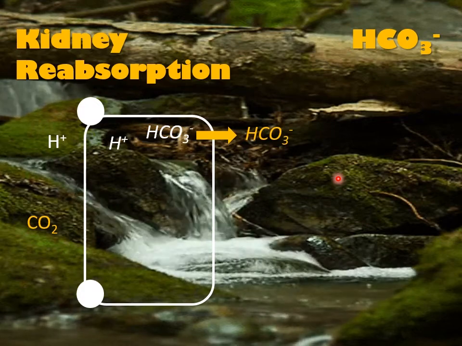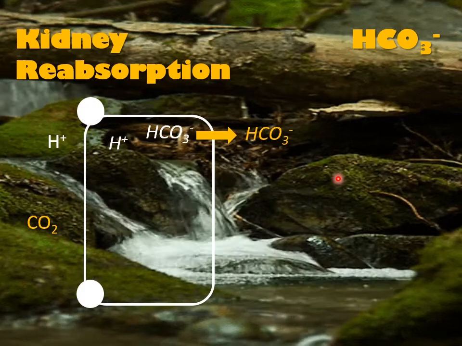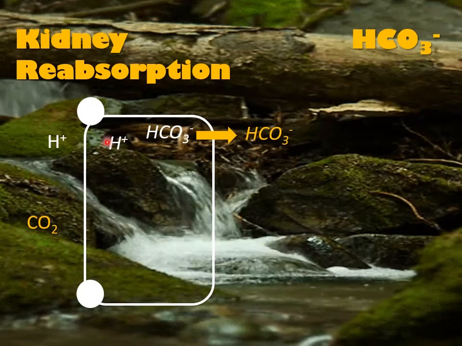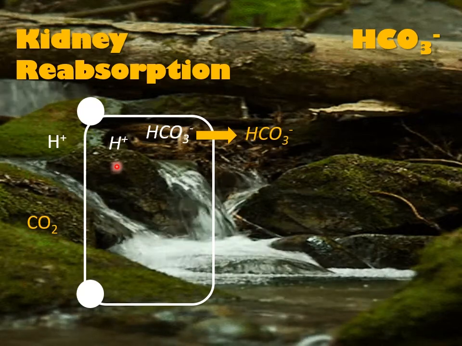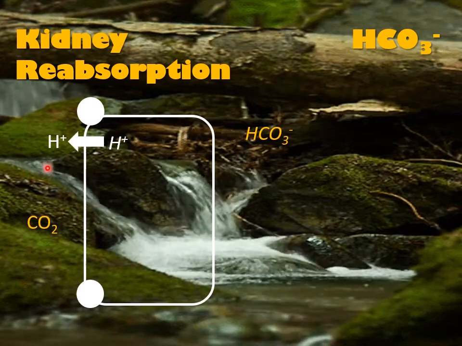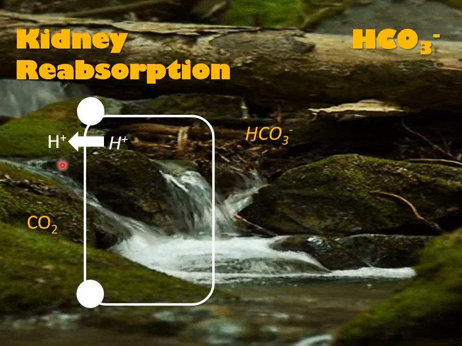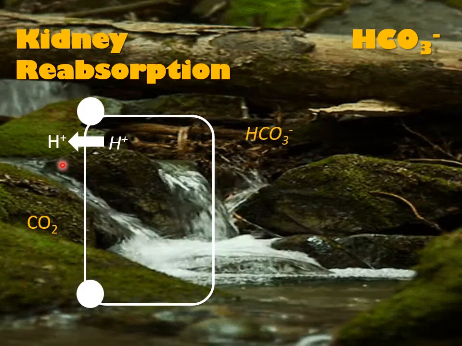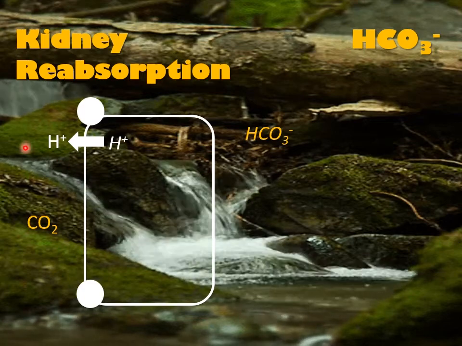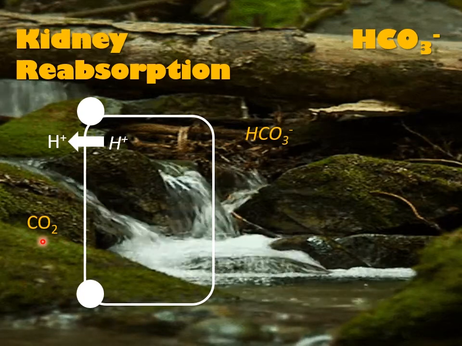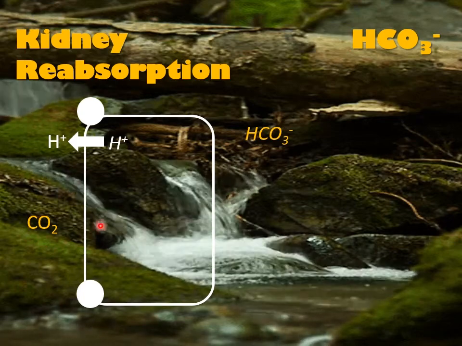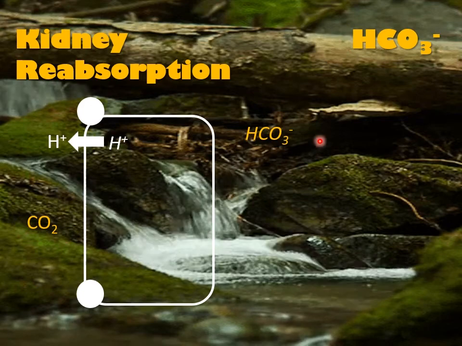And to be able to reabsorb more bicarbonate, this proton that is still alone goes again to the lumen, and then we can start all over again, reacting protons with bicarbonate to form carbon dioxide that eventually will help reabsorb bicarbonate.